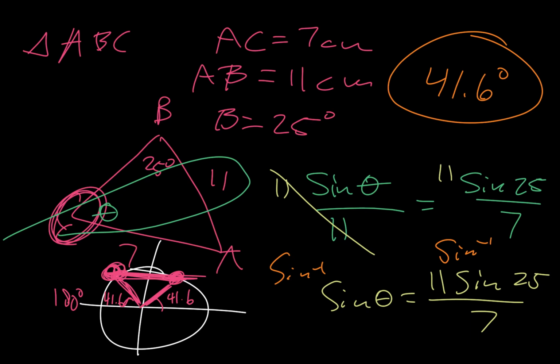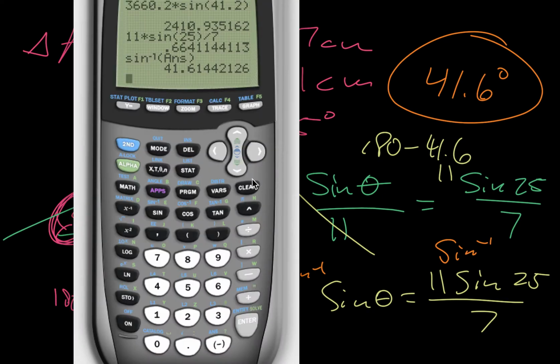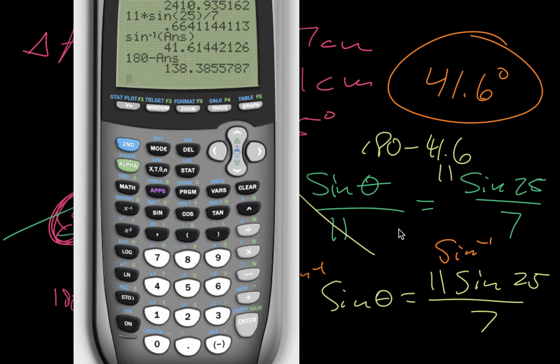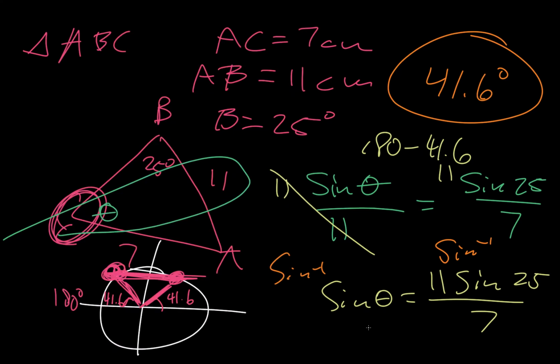And so we're going to do that. We're just going to say 180 minus 41.6. So 180 minus our answer, 138.4.